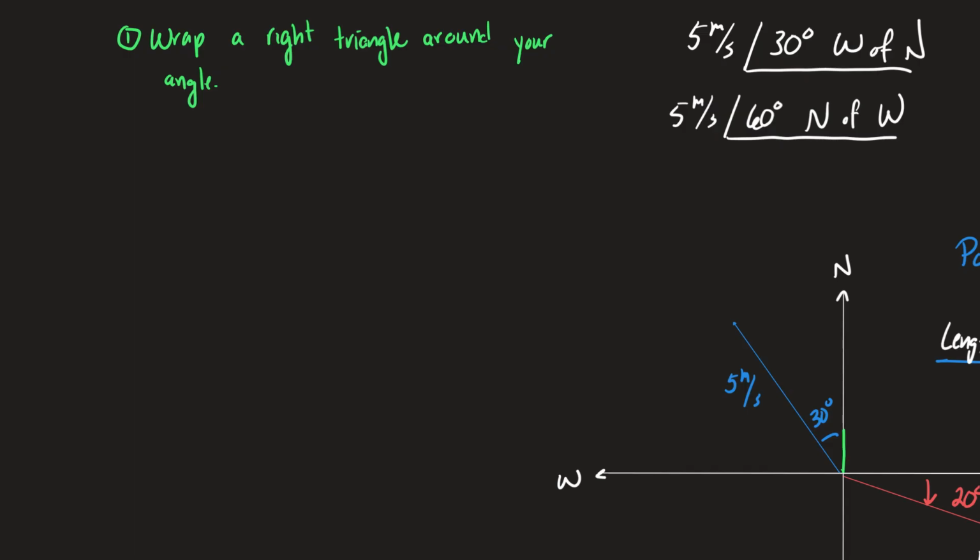So I'm going to start by drawing one side like this. And then the right angle has to be right off of the first arrow. So right angle there. I am wrapping a right triangle around my angle.